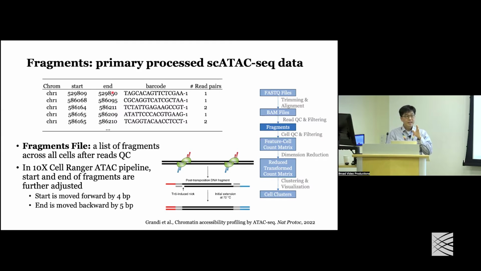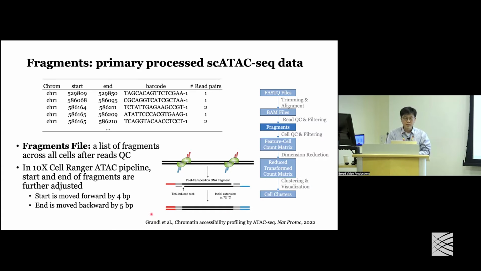It is well known that Tn5 transposase adds an additional 9 base pairs during the process of adding these adapters to the fragmented DNA. So if you really want to identify the central position detected by this Tn5 transposase, you have to account for that.